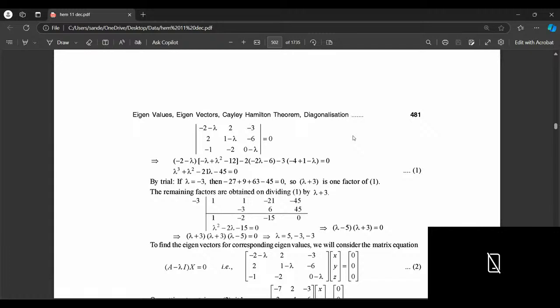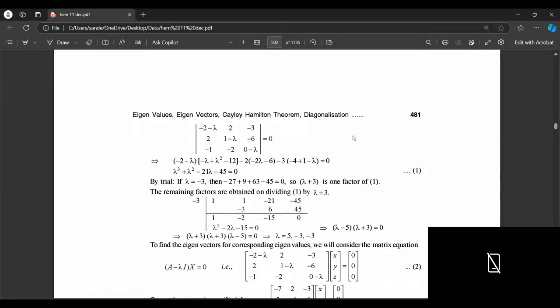So minus 27 minus 45 is minus 72, and plus 72. 72 minus 72 equal to 0, meaning that lambda plus 3 is one of the factors for that equation.